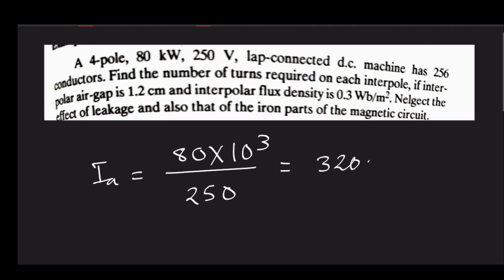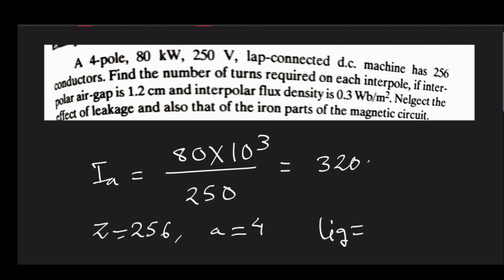Now number of armature conductors is 256. A is equal to 4.